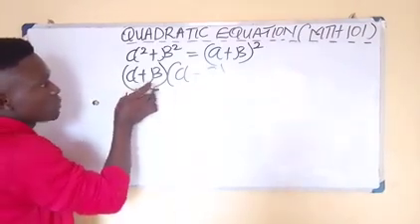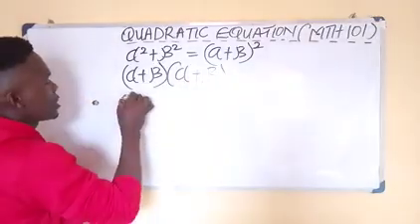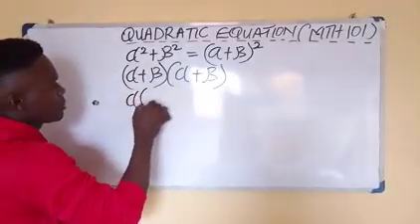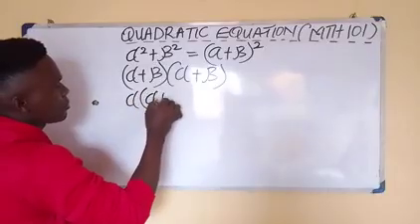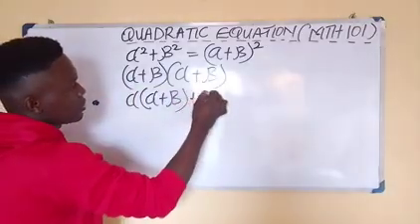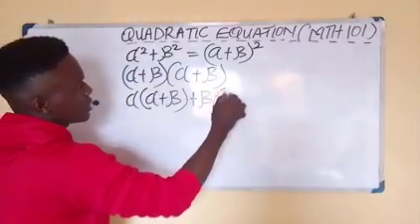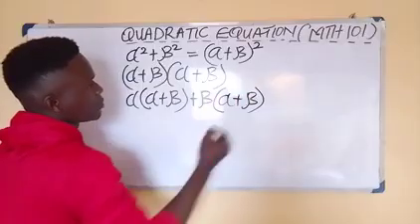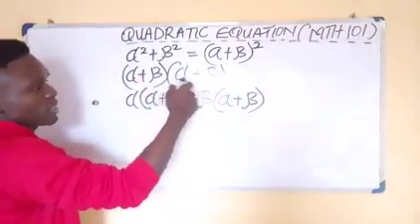I'll use this to multiply this. I'll bring out this alpha, in a bracket I'll put alpha plus beta, then I'll bring out this beta plus beta, then alpha plus beta. You are using this to multiply everything here.